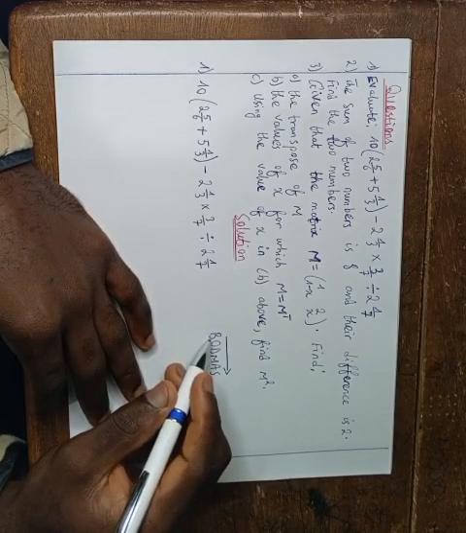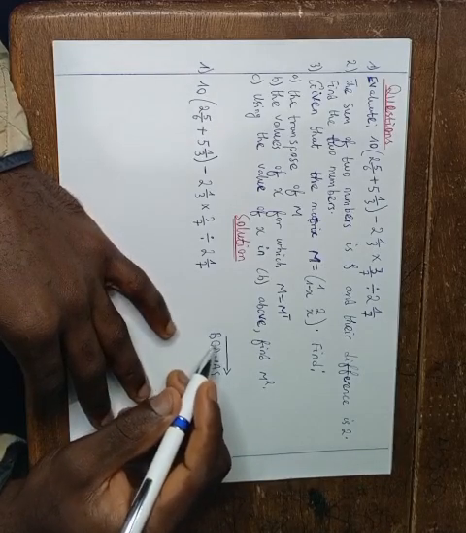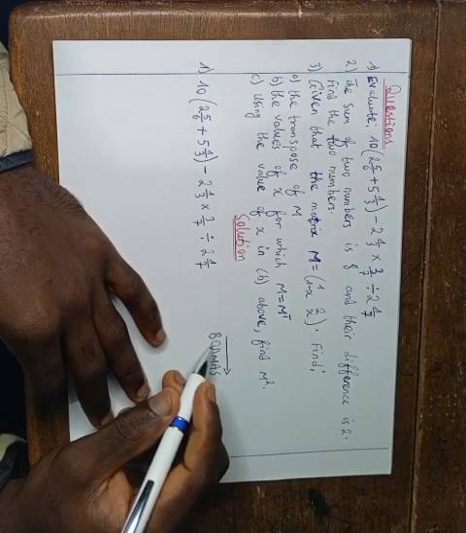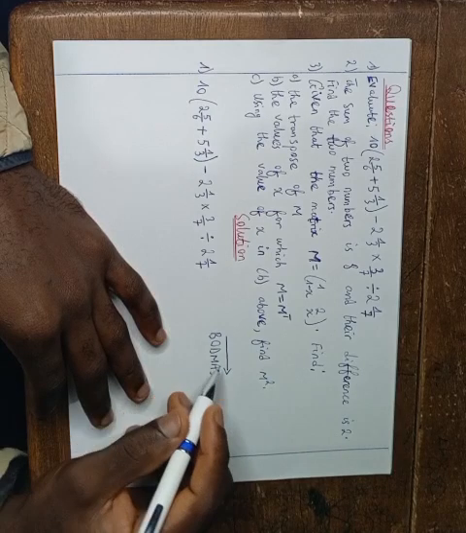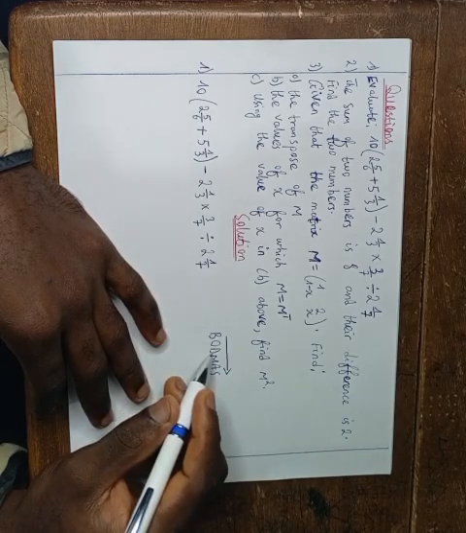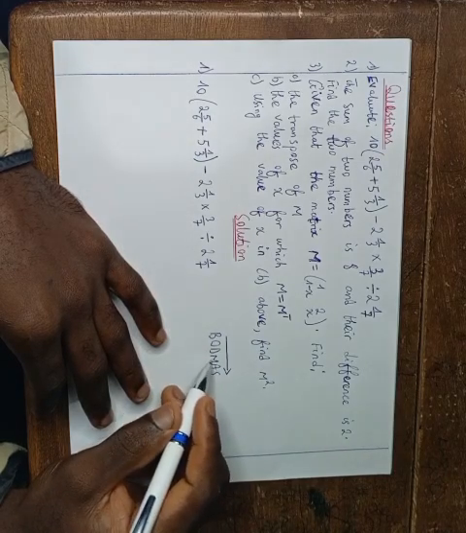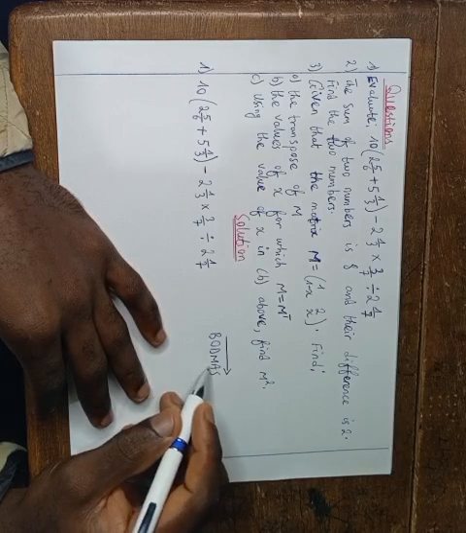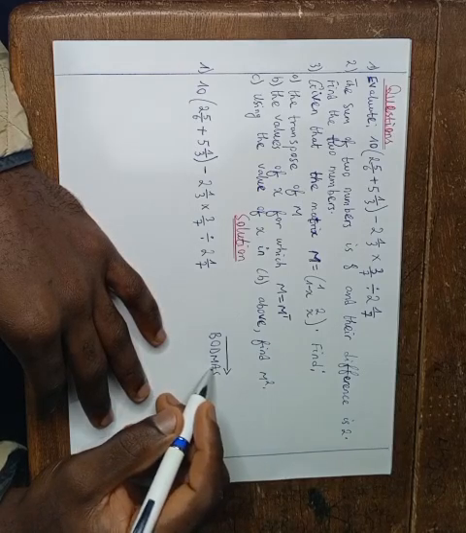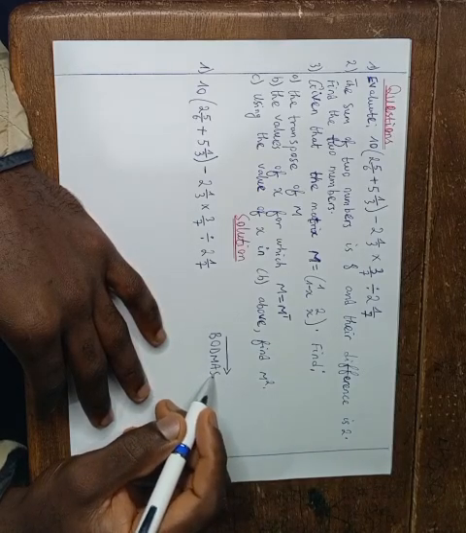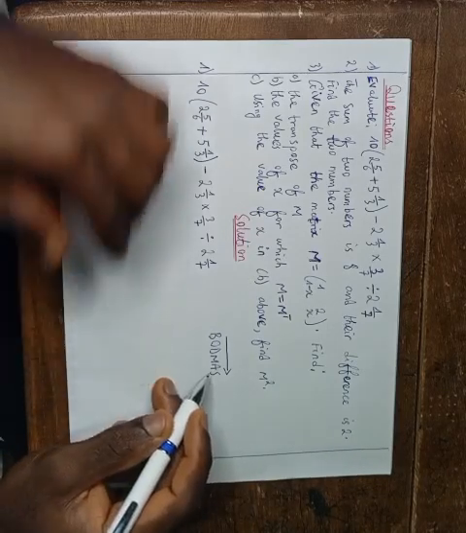So B stands for brackets, O for of or order, D for division, M for multiplication, A for addition, and lastly S for subtraction.